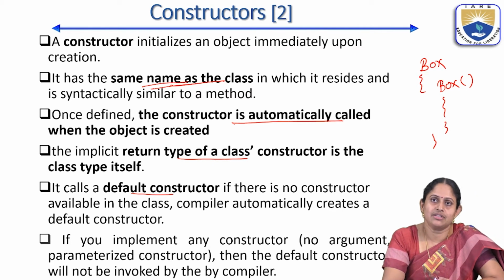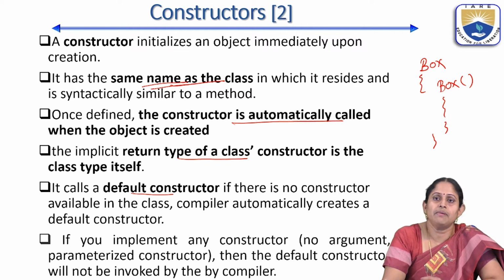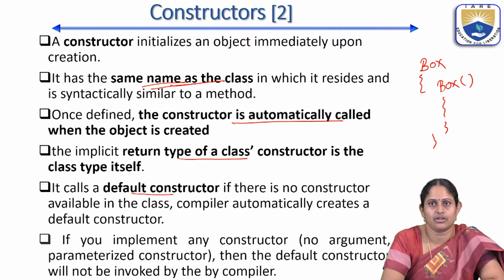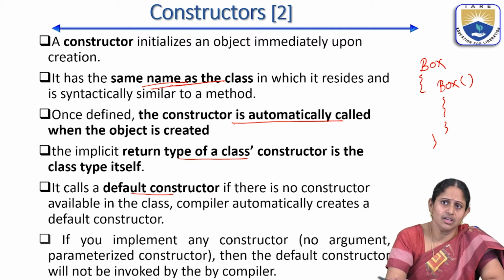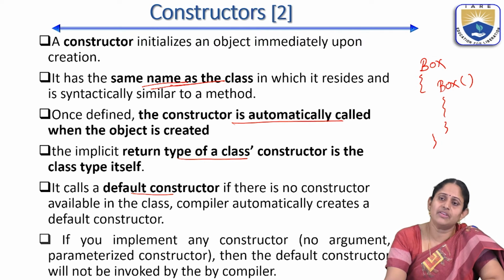There is something called a default constructor, which will be called if the user doesn't specify any constructor in that class. The compiler will automatically create and call the default constructor if we don't specify any constructor for that class. A constructor may or may not have arguments.